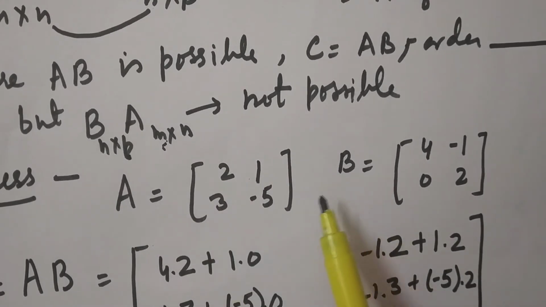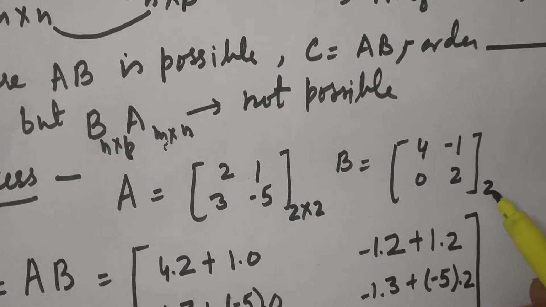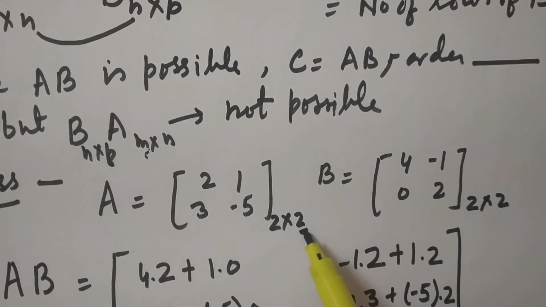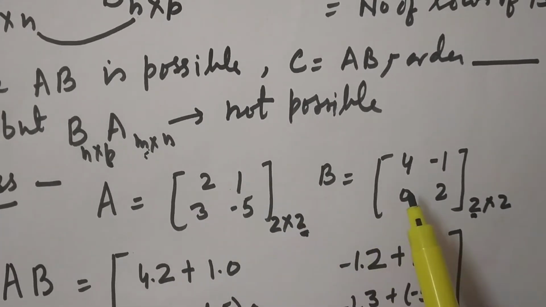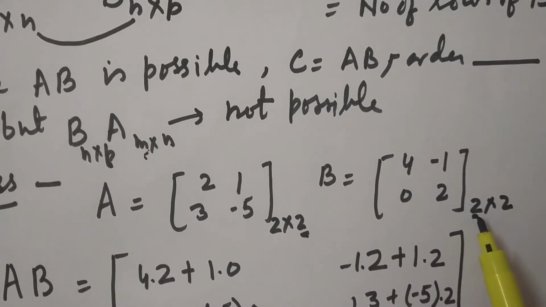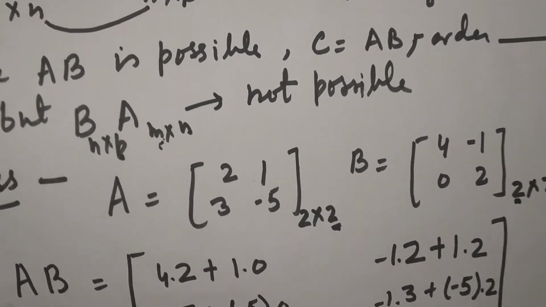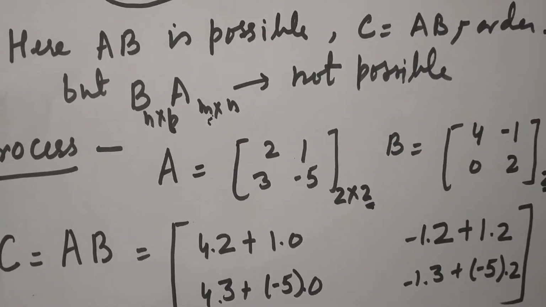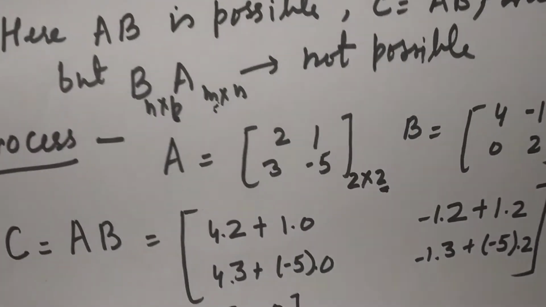The number of columns in A is 2 and the number of rows in B is 2, so AB is possible. I have given the new matrix AB the name C. If C is the product of the two matrices A and B, how will we find it?